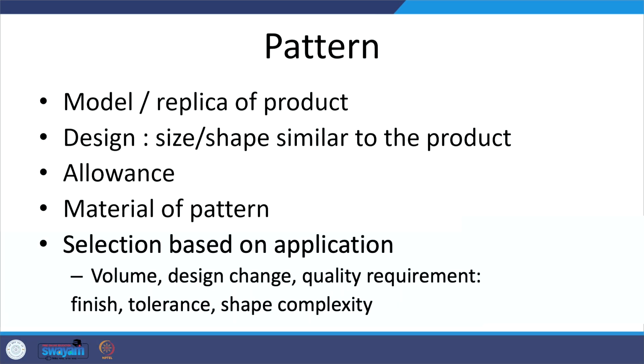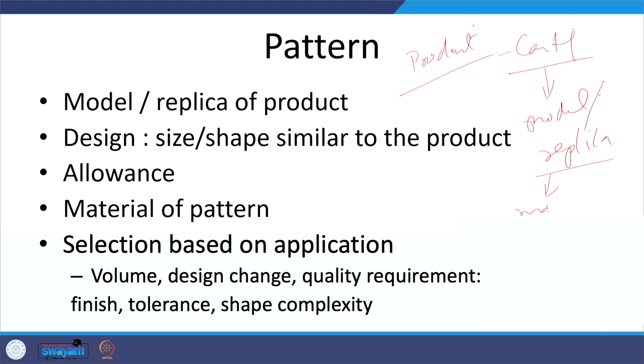We know that for a product which is to be made by the casting process, first we have to make the model or replica of the product to be made. This replica will be used for making the mold. Once the mold is made with the other components of the gating system, we fill the molten metal in the mold cavity, followed by solidification of the molten metal.